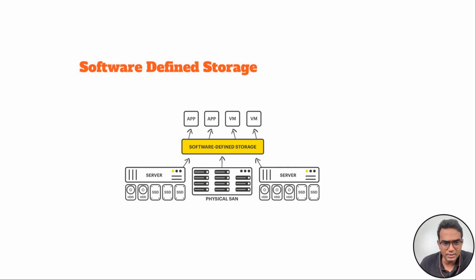As you can see here, there's one example of a physical SAN which has multiple disks attached to it, and then we can also expose it into the software world. But the interesting part here is we have the servers. We can pick up any regular hardware, attach as many disks as we want. As you can see here, it's a combination of hard disks and SSDs. These are your typical server boxes, which you can buy from any vendor and so on.